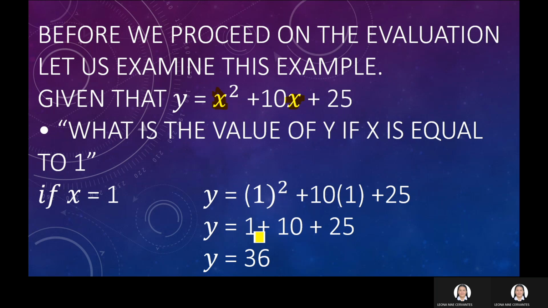So y equals 1 plus 10, since 10 times 1 is 10, and plus 25. So we have y is equal to 36. So if x is equal to 1, then the value of y is positive 36.